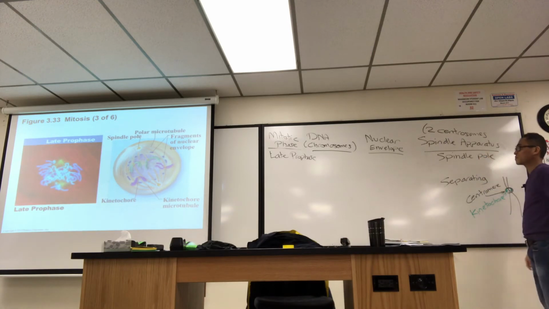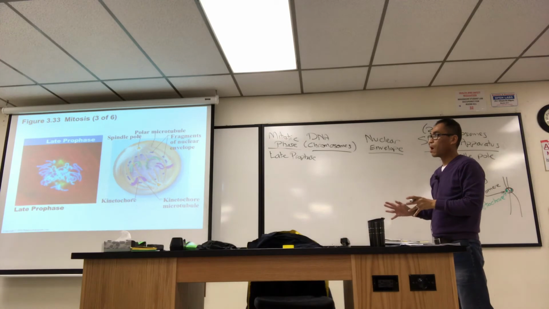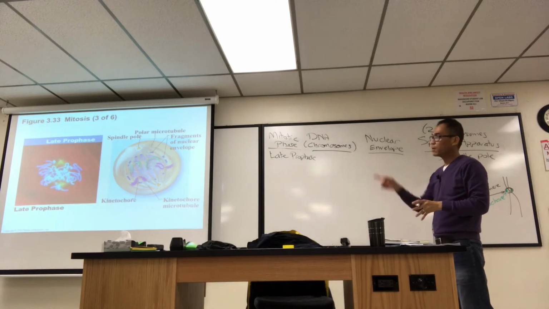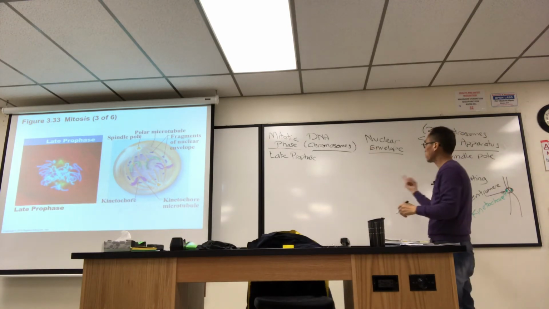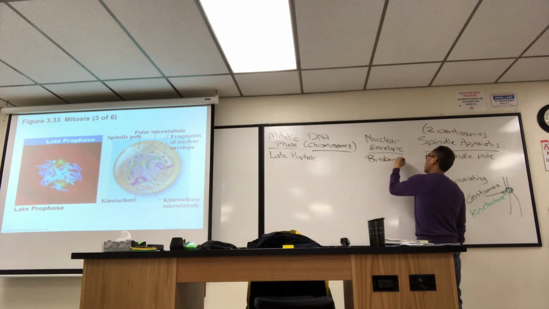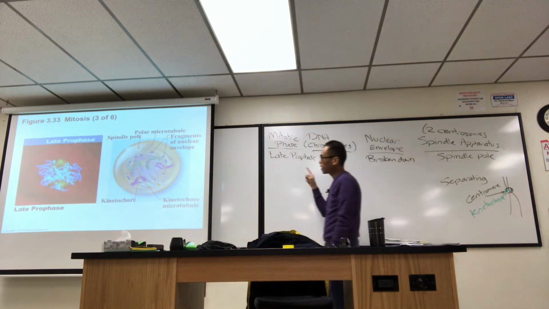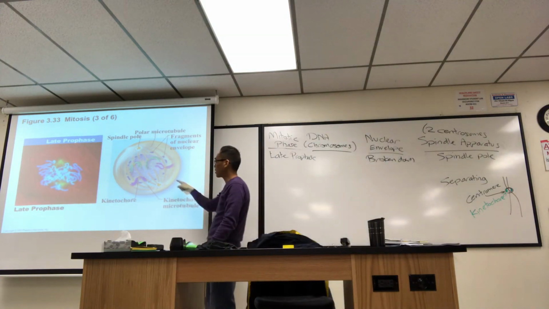The nuclear envelope is pretty much gone. It's broken down. It says fragments of nuclear envelopes. I'll just say broken down. The chromosomes, what's happening is microtubules are attaching to the kinetochore.